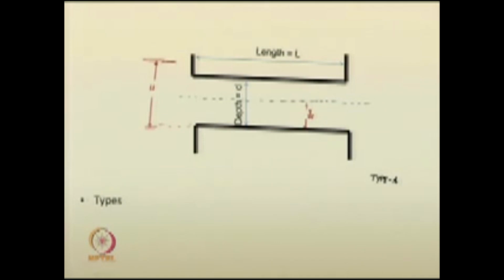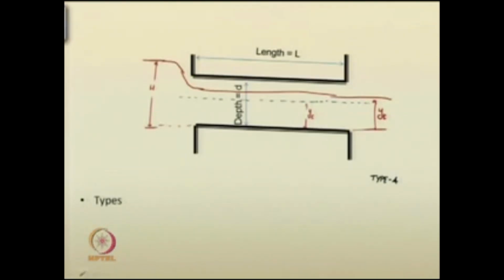You may have a situation where the flow will go like this inside the culvert and it maintains this same depth in the exit also, y t. This is the type 4 flow. What is the peculiarity here? Here also you have the outlet as unsubmerged.